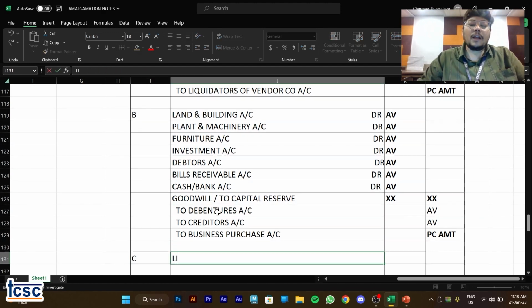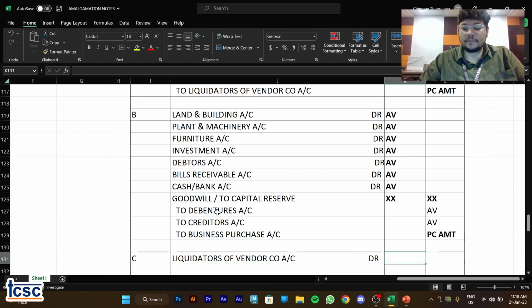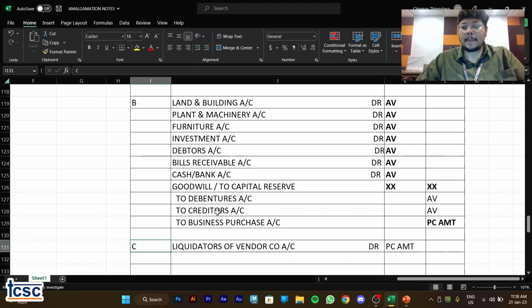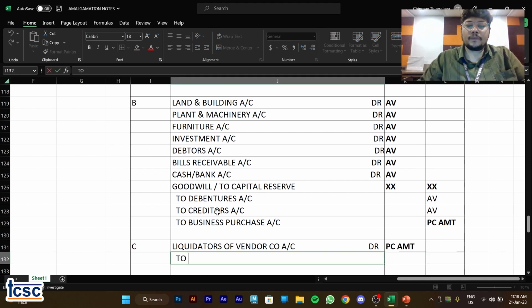Third, now I am going to discharge the PC to the old company or vendor company. So liquidators of vendor company account debit, PC amount, to, now this PC can be in the form of equity shares, it can be in the form of preference shares, it may be in the form of cash.